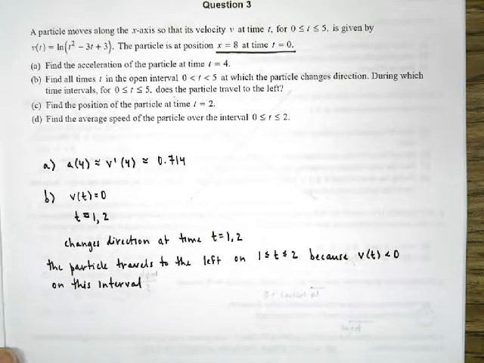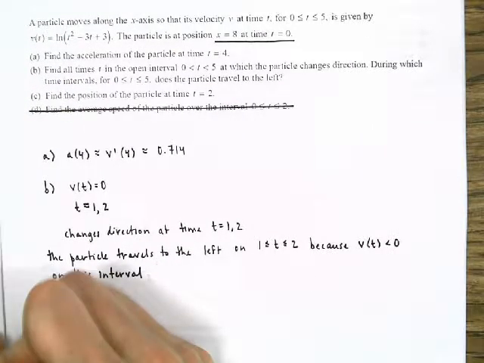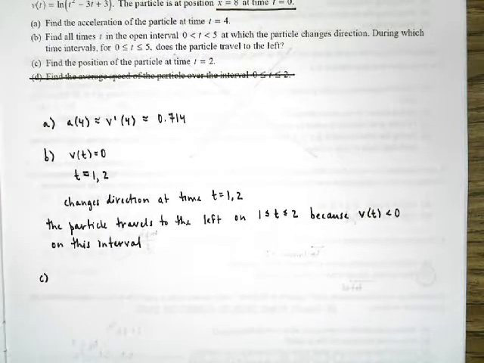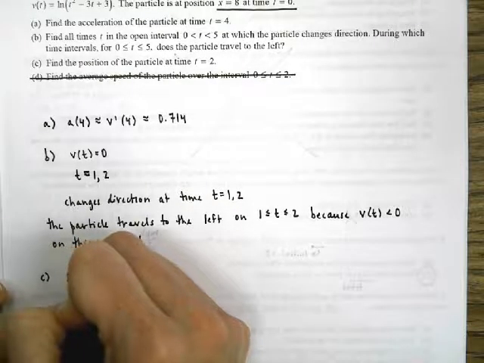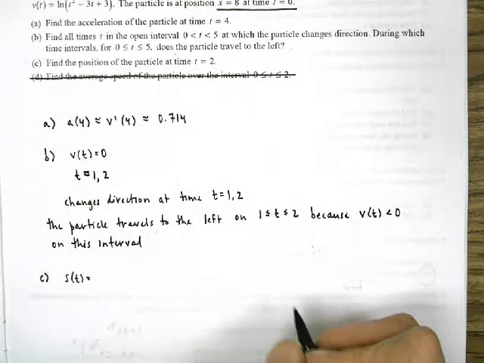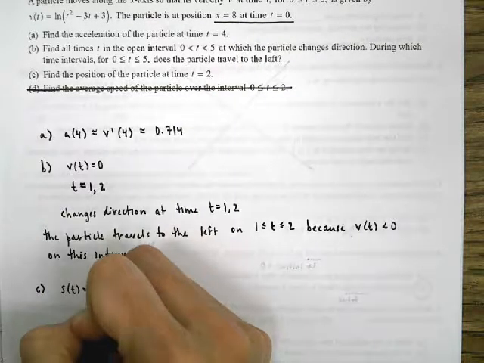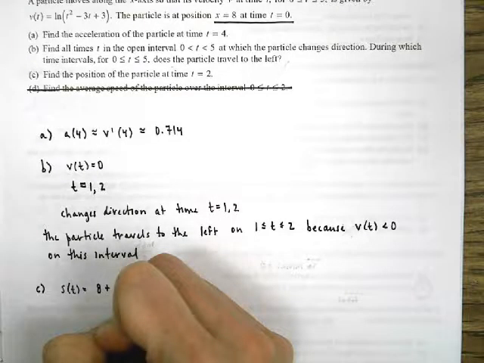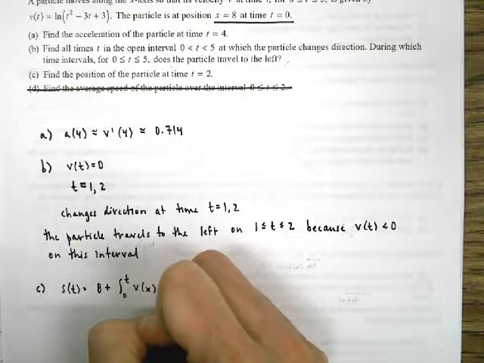Okay, and then the last part, we're going to skip part D because that'll come up later on in this chapter. So now for part C, we want to find the position of the particle at time t equals 2. And again, remember the position, so S of t, it's going to be our initial position, which we have right here, x equals 8 at time t equals 0. So it's 8 plus the displacement, which we know is the integral of our velocity function.